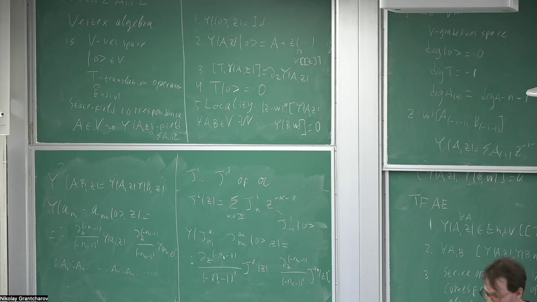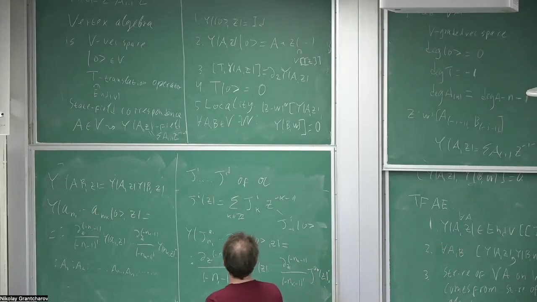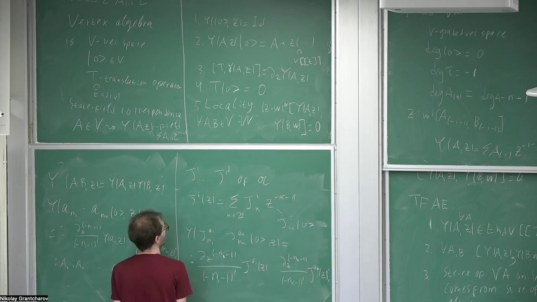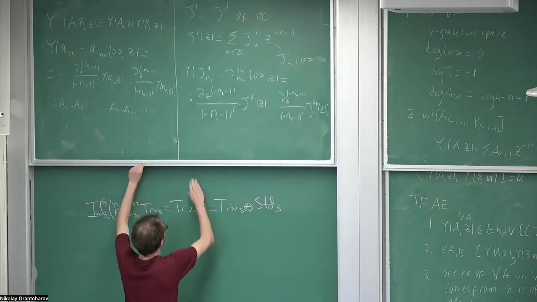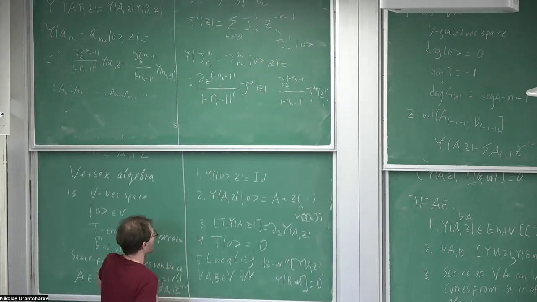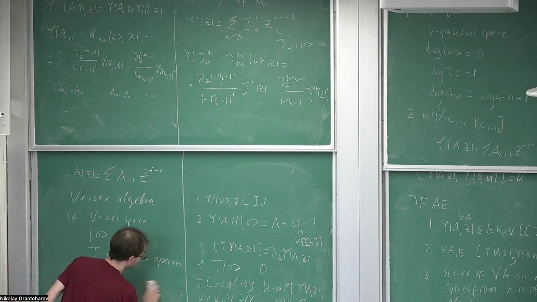So let's check the axioms. Oh, I didn't erase these, which is good. I'll check and then erase them. I give you four objects.